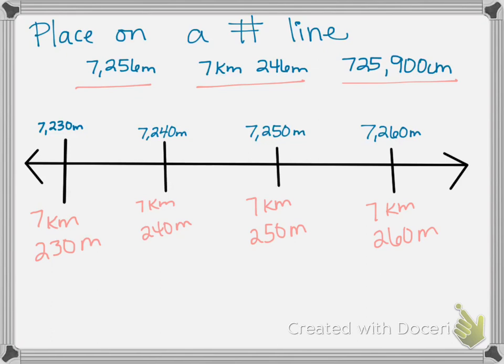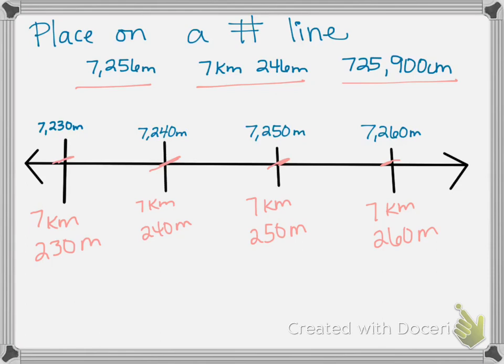Okay, let's go ahead and start with 7,256 meters. Okay, that shouldn't be too difficult. 7,256. It's not going to go here. It's not going to go here. I need to get up to 256. So here I'm between 50 and 60. Halfway between these would be 55.